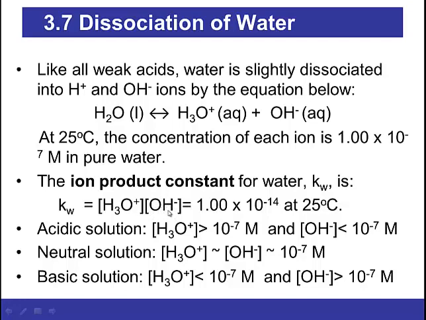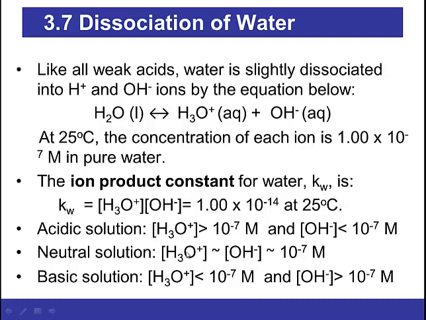That's going to make the hydroxide ions less so that this equation can still be true. So if this is greater than 10 to the minus 7, then this is going to have to be less than 10 to the minus 7, and they become out of balance from each other. If you have more protons present in the solution, this is our definition for an acidic solution. The solution becomes acidic in nature. And the higher the proton concentration, the stronger the acid in that solution.